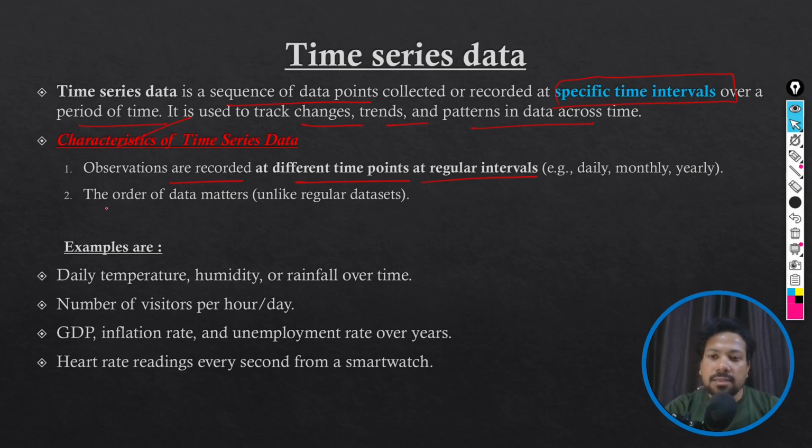And the second characteristic is that the order of the data matters, which simply means that you cannot arrange the date or time in any order. Like I haven't arranged the dates here like this: 5th Jan, then 4th Jan, then 10th Jan, and 5th Jan. This is an unordered way of structuring the dates column.